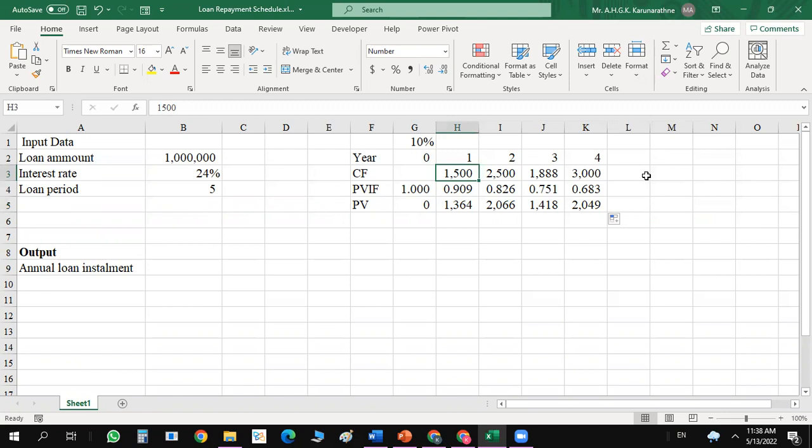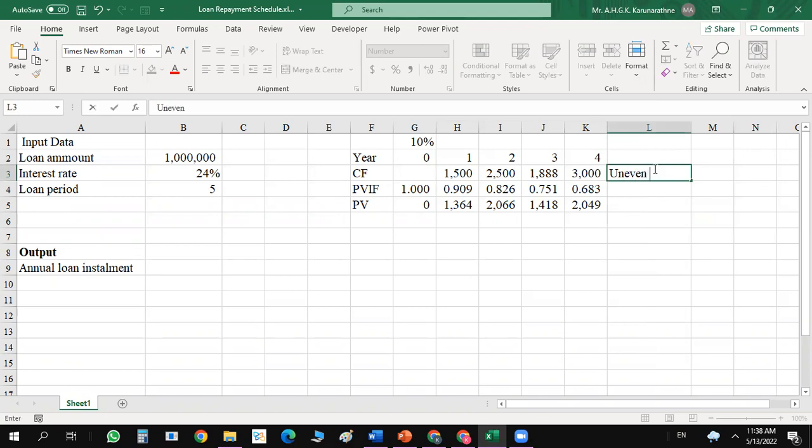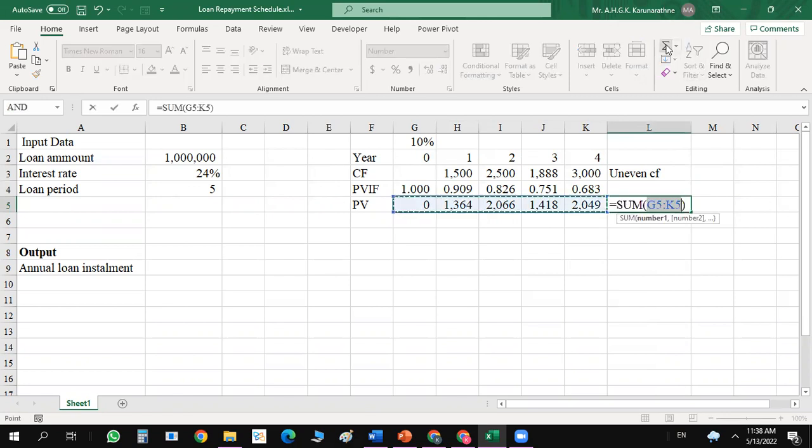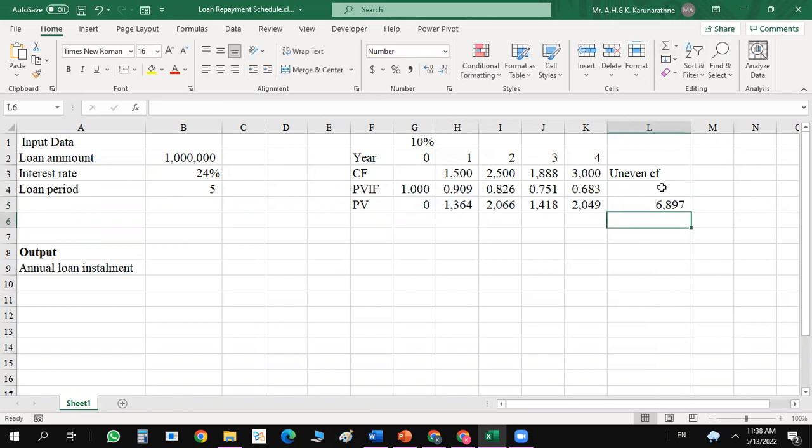So this cash flow is called an uneven cash flow. We take the sum of the uneven cash flow like this.